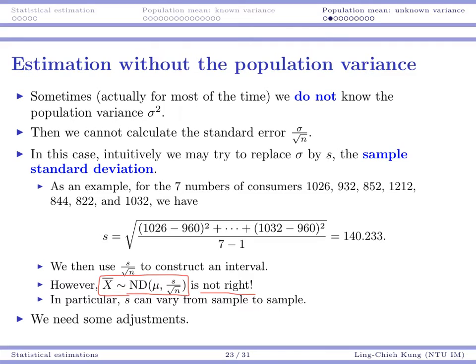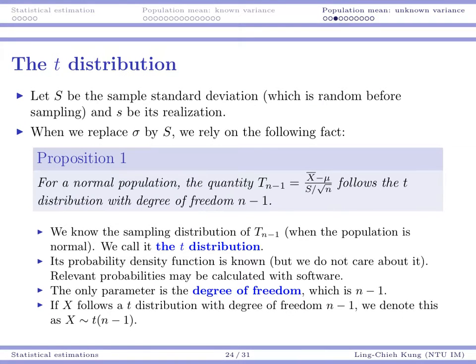So obviously we want to follow the same idea, but we need to do some adjustments. Instead of relying on a normal distribution, now it's time to introduce a new distribution to you. We're going to introduce the t distribution and use it to do our estimation when we do not have the population variance.